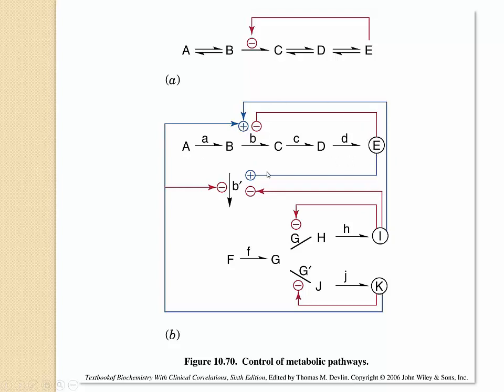Similarly, we see if E is elevated, we slow down production of E, but we push production of I and K, because E activates B prime, which creates F, and F can make I and K. So we have different substrates, E, I, and K, interacting in ways to promote a consistent amount of E, I, and K. If K comes out of balance, it slows down its own production, promotes production of E, and E will promote production of F, which will promote production of I. But remember, F is not going to promote production of K because K was out of balance and slowing itself down.